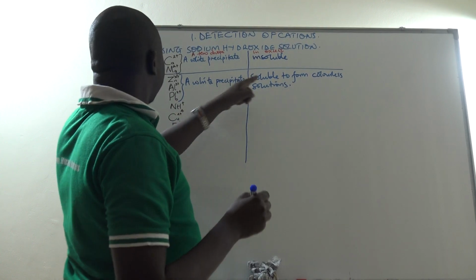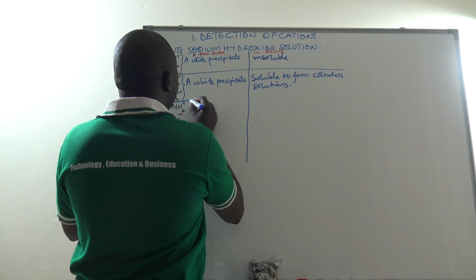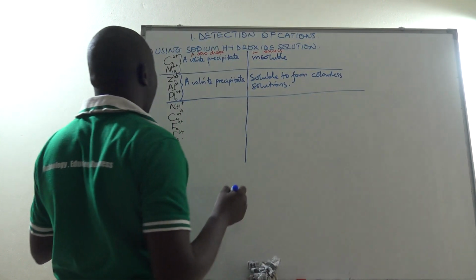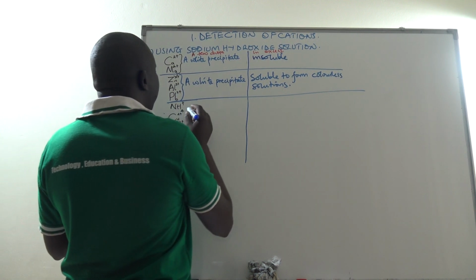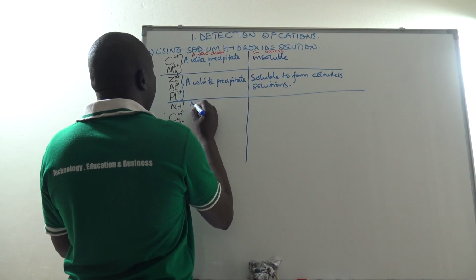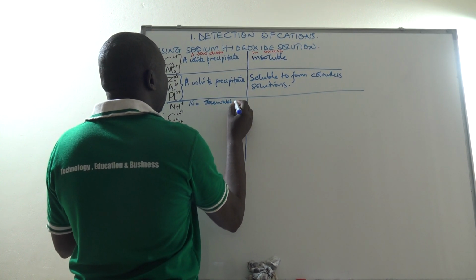So if you have got this, just know that you have ZAP, as we saw: zinc ion, aluminium ion, and then lead 2 ion. Now we have ammonium ion alone. This one gives us no observable change.